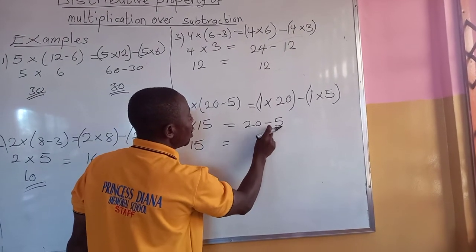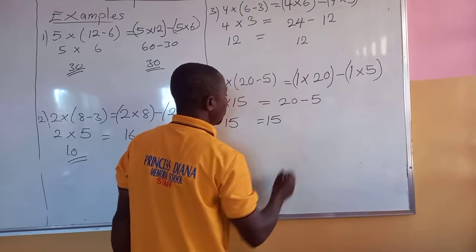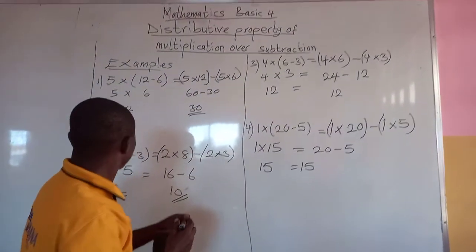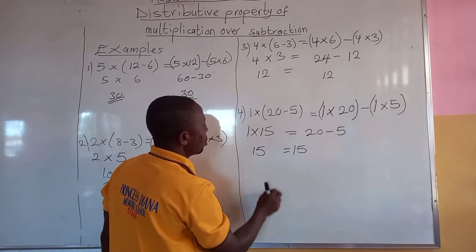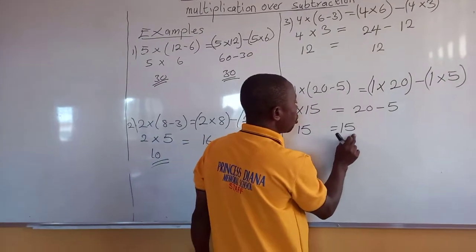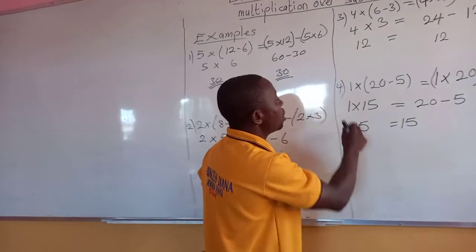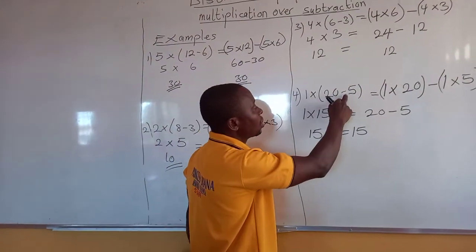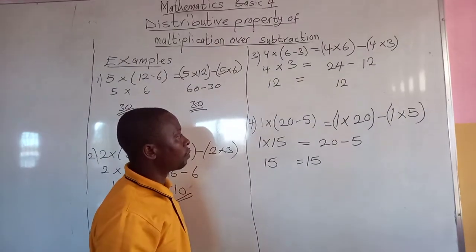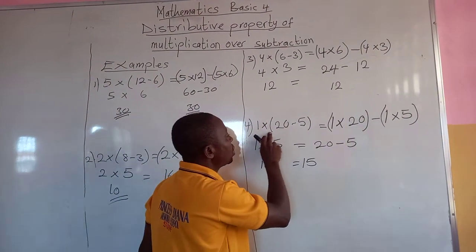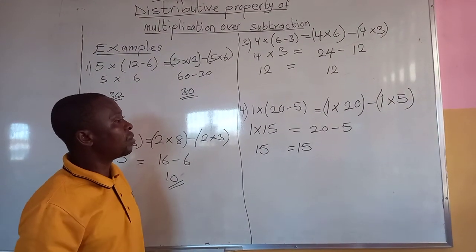We have 20 minus 5, which gives us 15. So we have 15 here, and we also have 15 here, which shows that multiplication over subtraction is distributive. Which means that the operation is correct. Okay, very good.